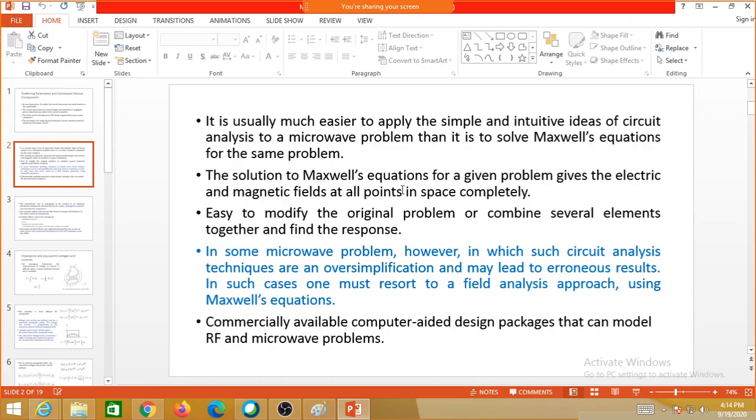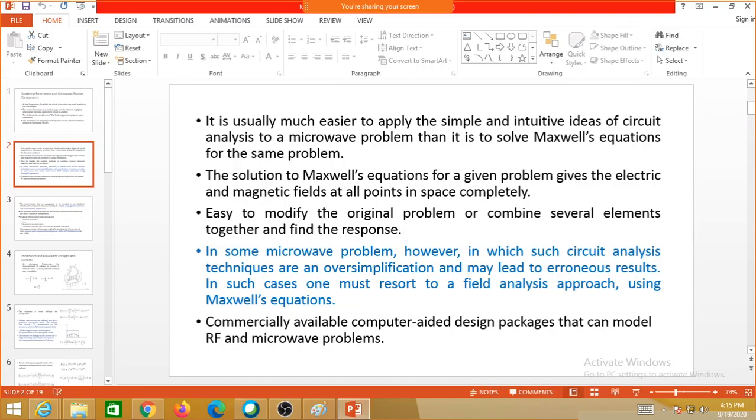In simple circuit analysis, we take the voltage or current, and from them we arrive at the other parameters we need for a microwave problem.